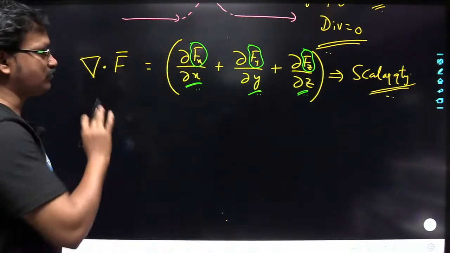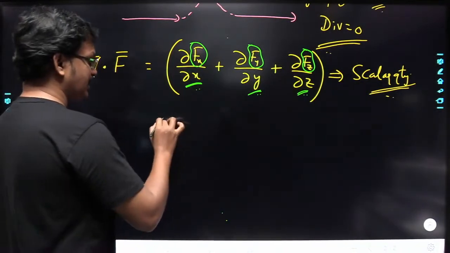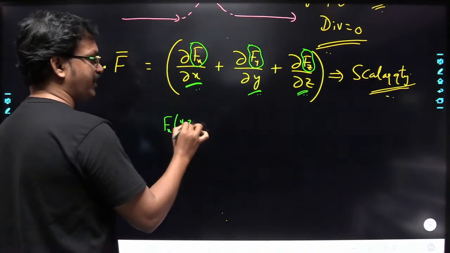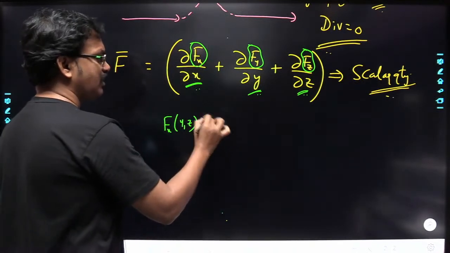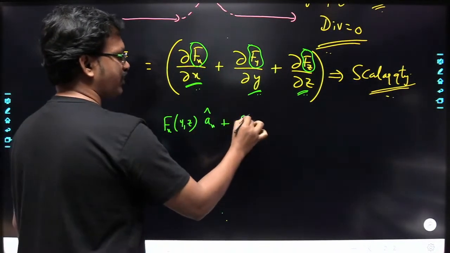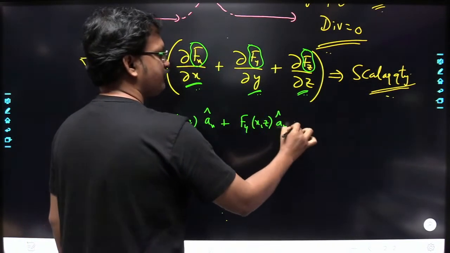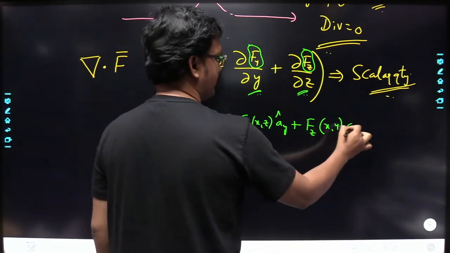That is going to give you divergence. And also one thing I said: if the x component is a function of y and z, and if the y component is a function of x and z, and if the z component is a function of x and y.